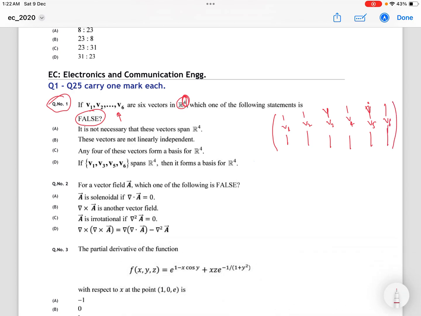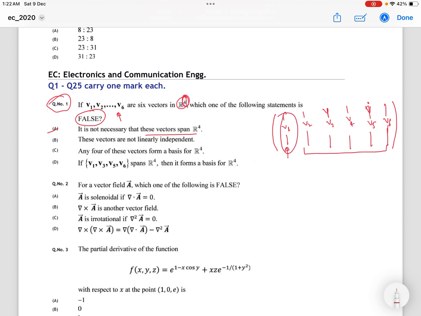So let's check the options. It is not necessary that these vectors span R4. Obviously it is not necessary. Why? Because there might be a chance that we have one vector and all other vectors are multiples of this v1.